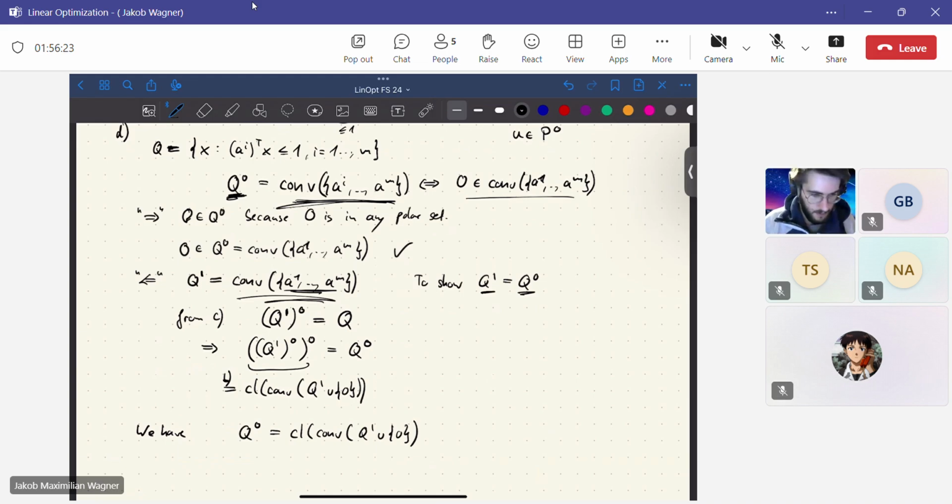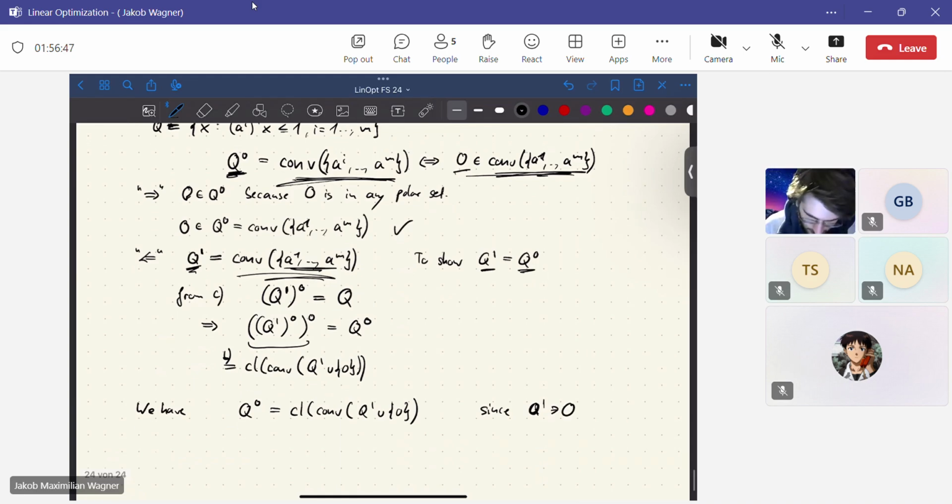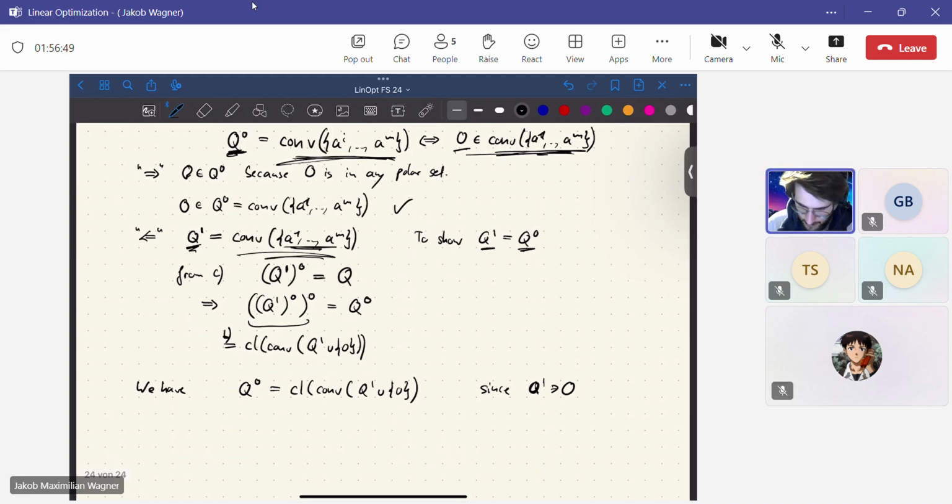And we have assumed that 0 is in this convex hull of the AIs. And so because we have abbreviated Q prime to be exactly this set, we have that 0 is an element of the set Q prime. And so we get that here adding the 0 vector, this doesn't introduce any new points.